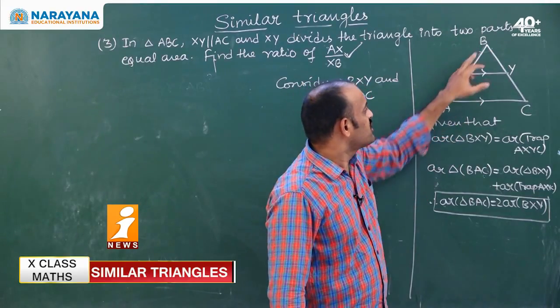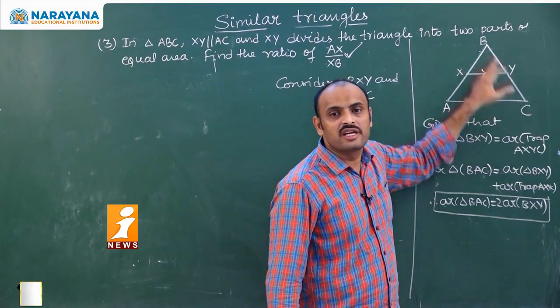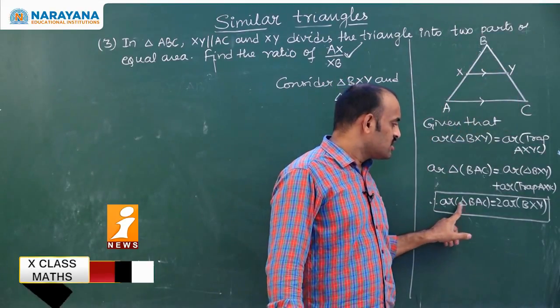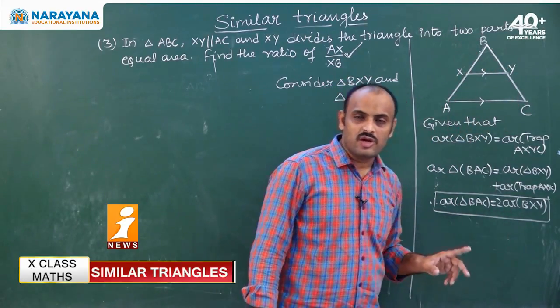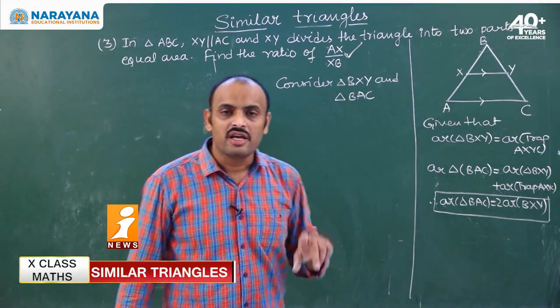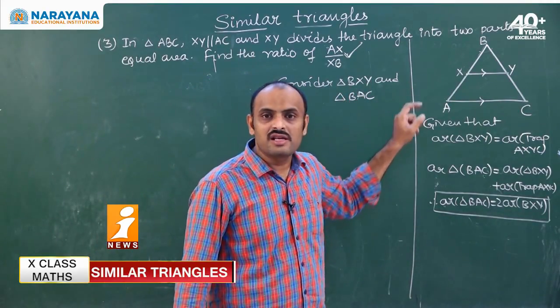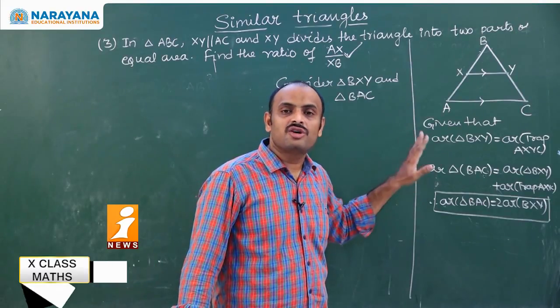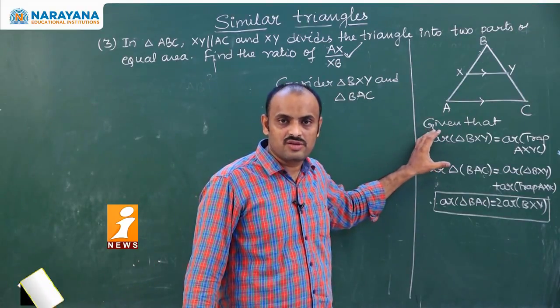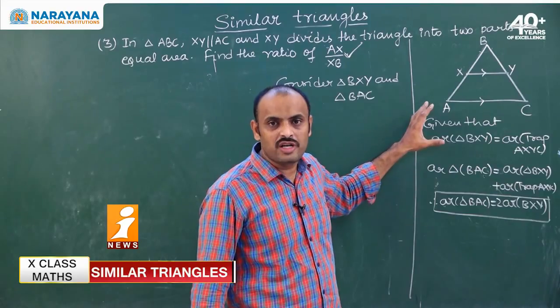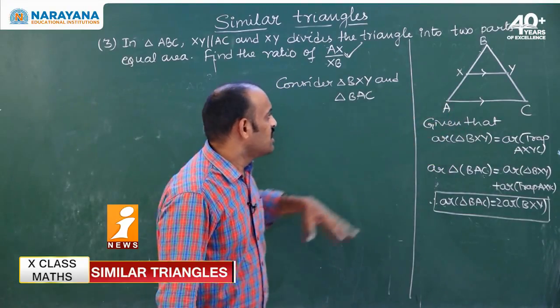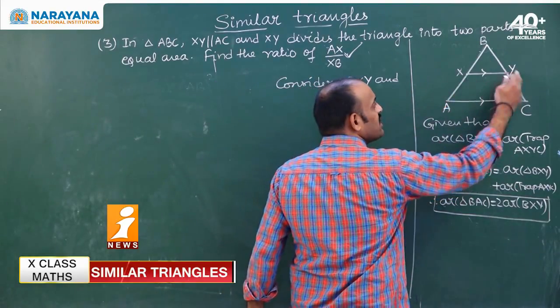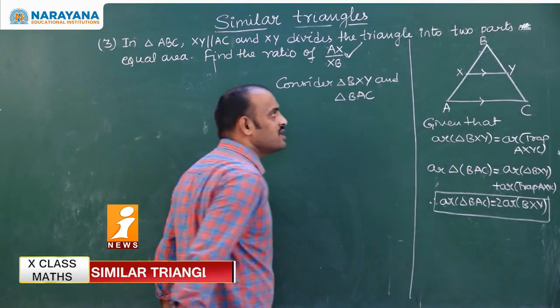Then I need to go for similarity criteria, because we already have the ratio of their areas. So, if I can prove that the triangles are similar, the ratio of the areas of similar triangles is equal to the square of the ratio of the corresponding sides. That is why I am trying to prove triangle BXY and triangle BAC are similar.